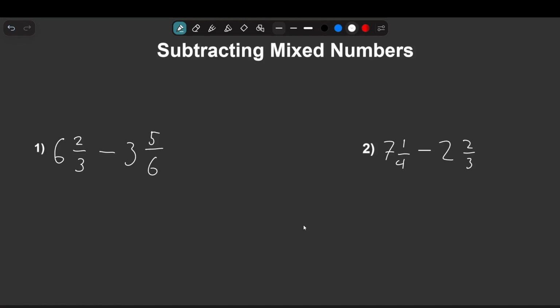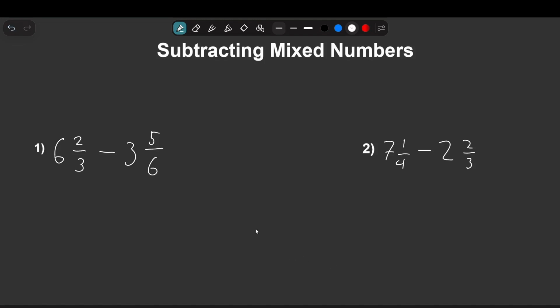So let's jump right into number one, and for number one we have 6 2/3 minus 3 5/6. The first thing we are going to do is put the fractions below each other, just like normally when we're subtracting numbers.